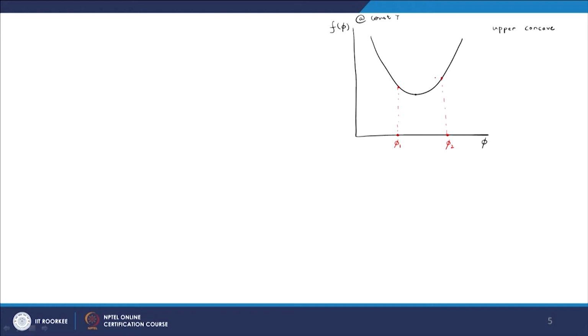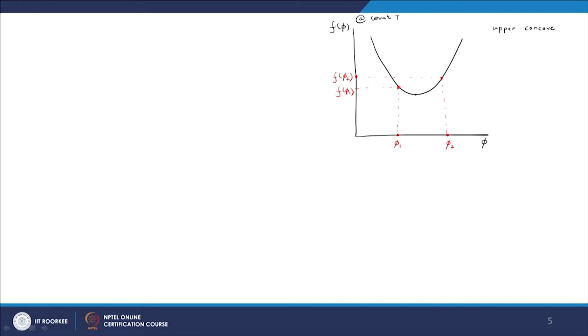Then if I look at the corresponding value of the function, they will be f of phi 2 and f of phi 1.